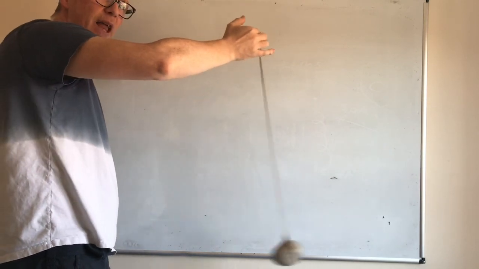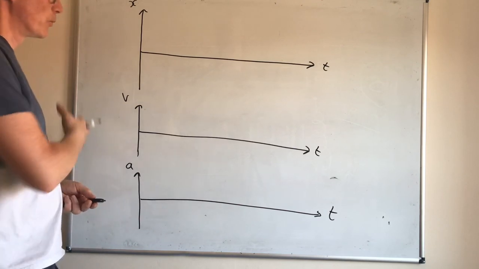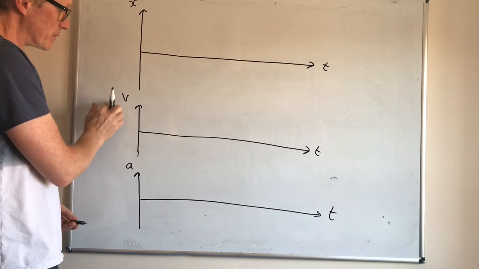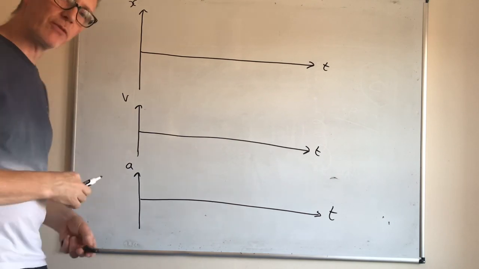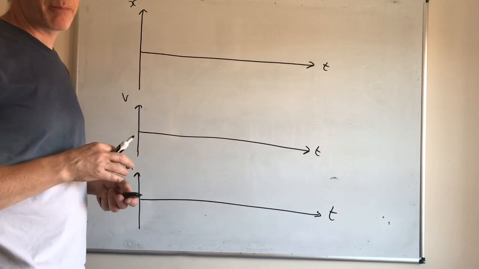Well, having seen the motion of the rock, we now should be able to produce 3 simple graphs of displacement, velocity and acceleration for the pendulum at each specific point.